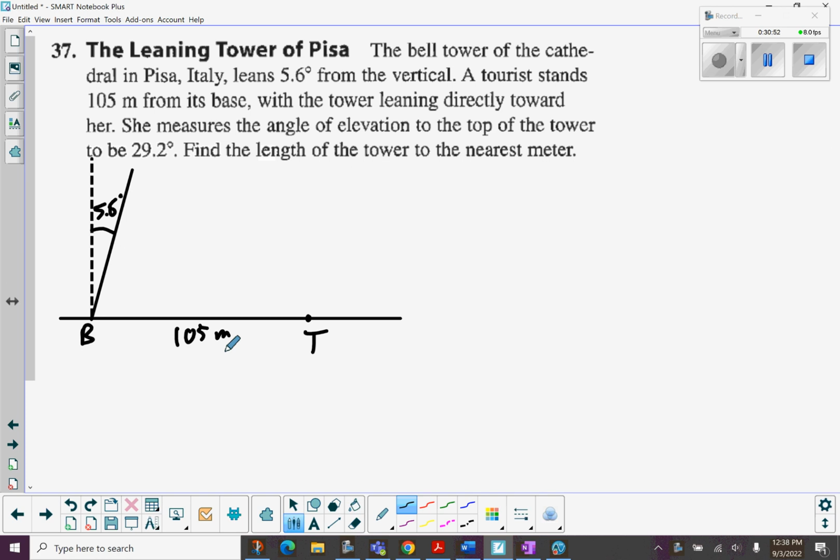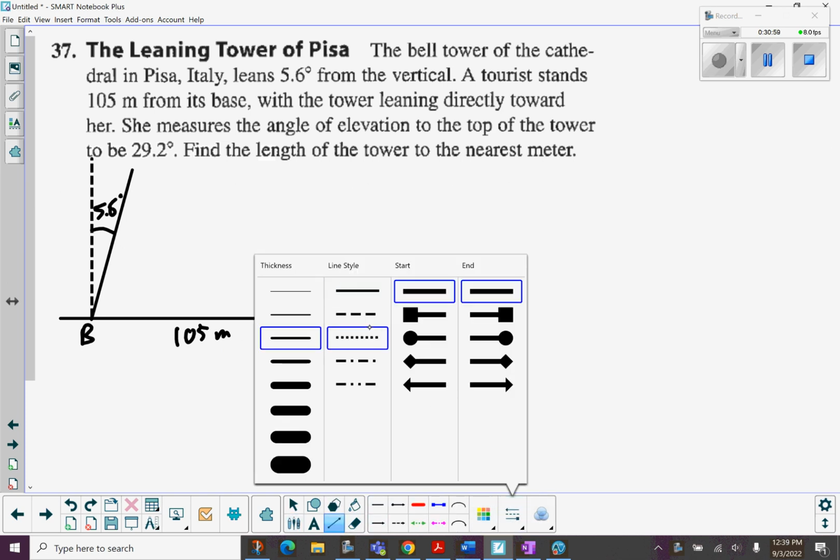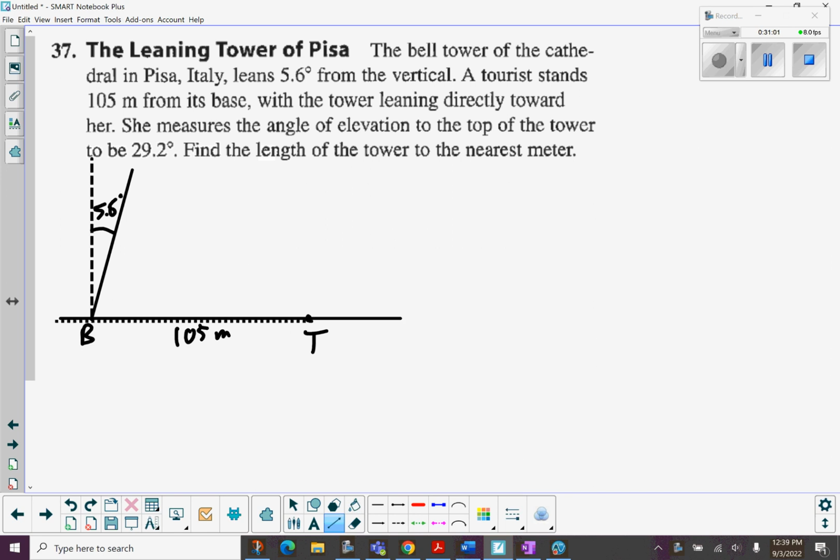She measures the angle of elevation to the top of the tower. Angle of elevation has to start from the horizontal and go up to the top of the tower. This is our angle of elevation here at 29.2 degrees. Find the length of the tower to the nearest meter.